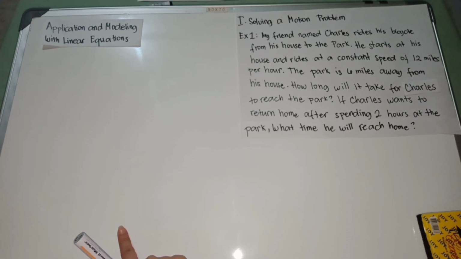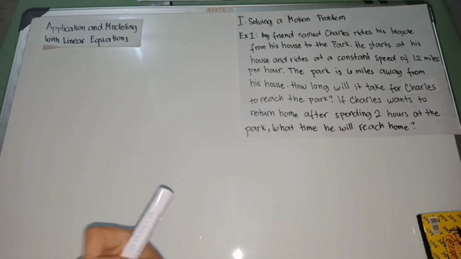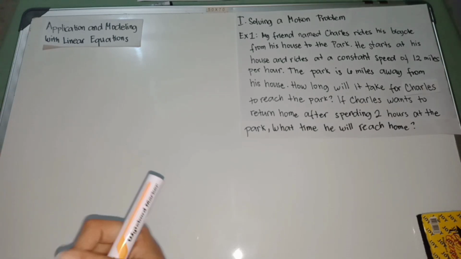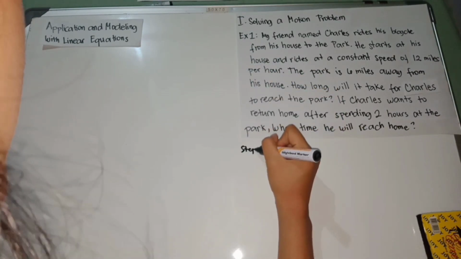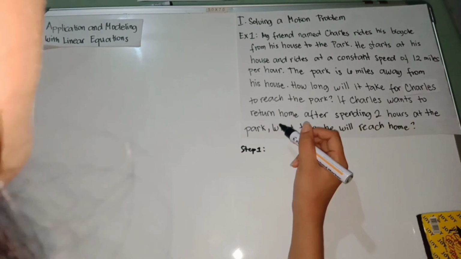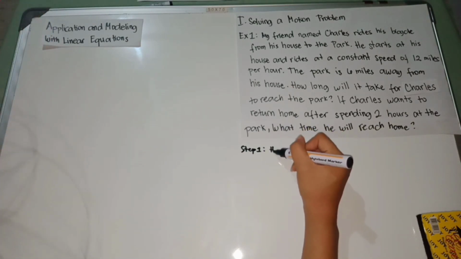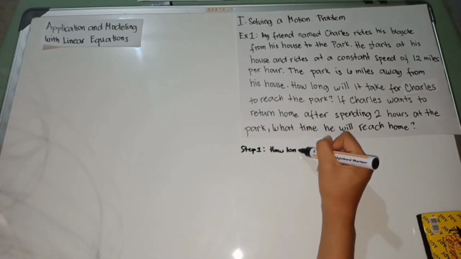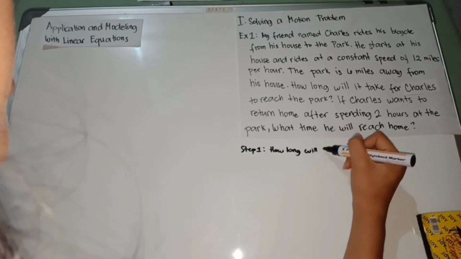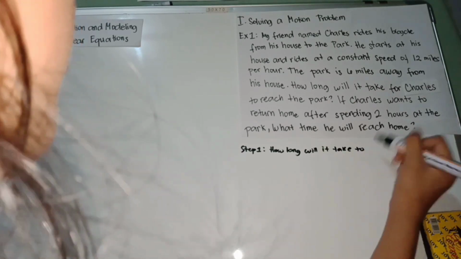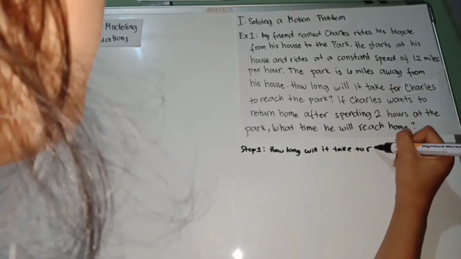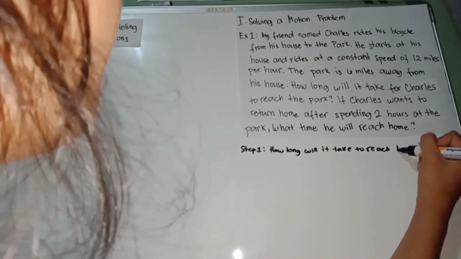If Charles wants to return home after spending 2 hours at the park, what time will he reach home? So first we will determine the problem. Step 1. Our problem is how long will it take to reach the park.